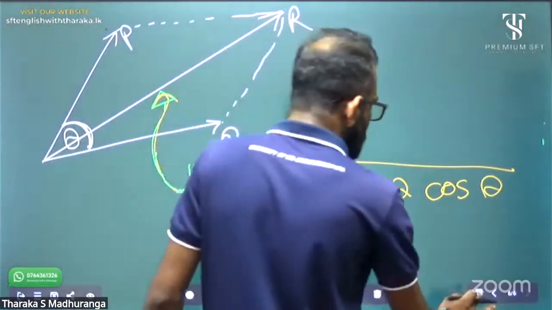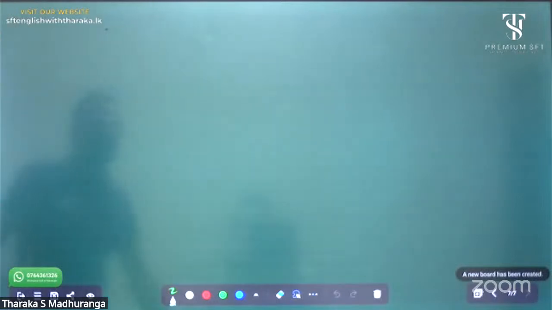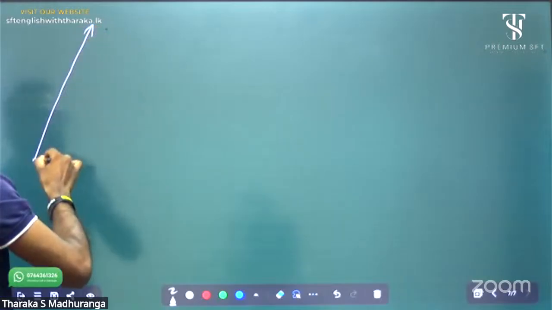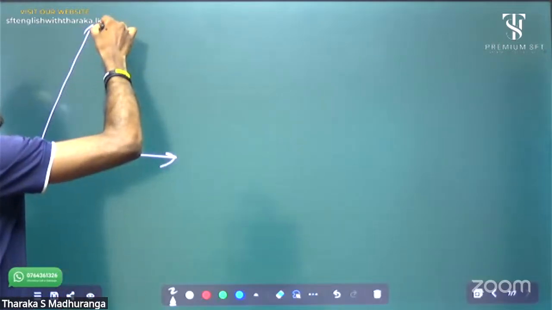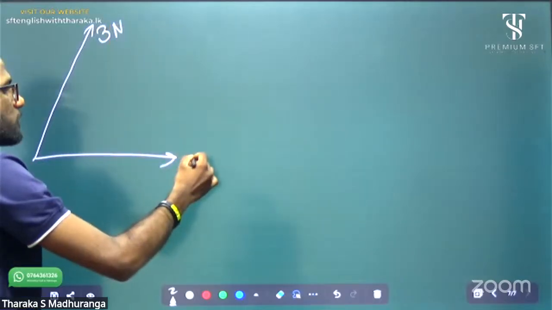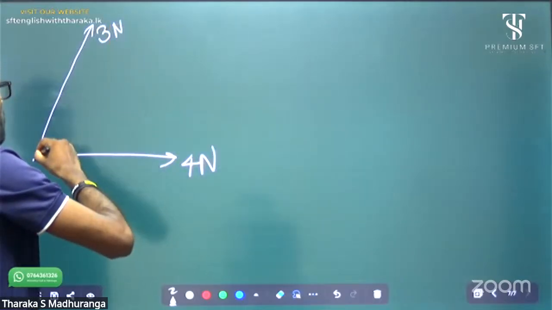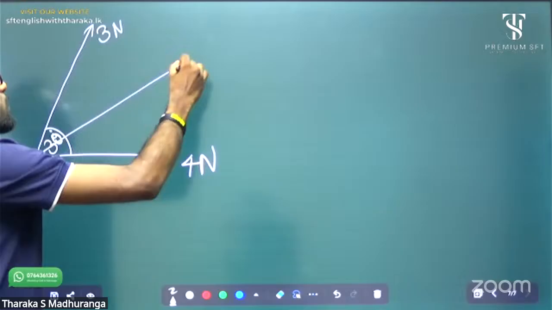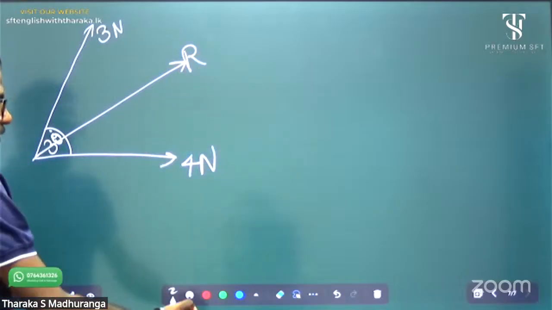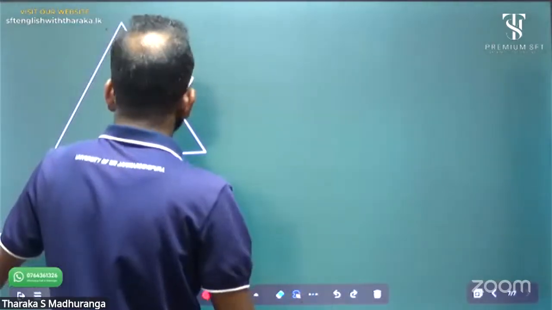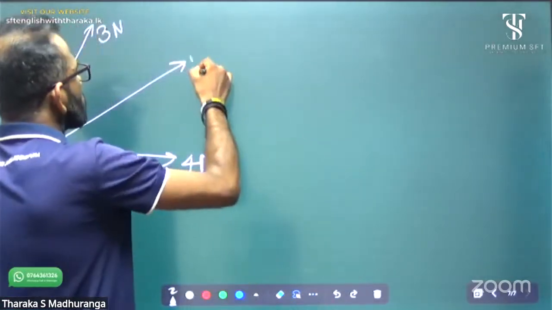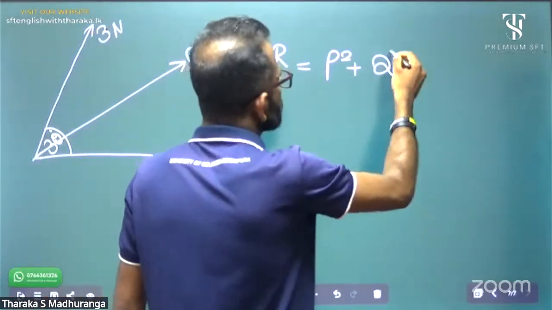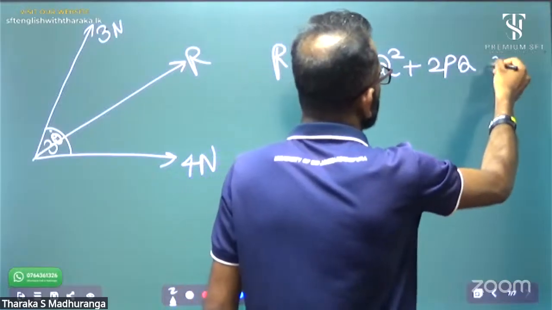Okay, let's try one question. Now 3 newtons and 4 newtons, same as previous, with an angle of 30 degrees. What is R? How to calculate R? R equals the square root of P squared plus Q squared plus 2PQ cos theta.